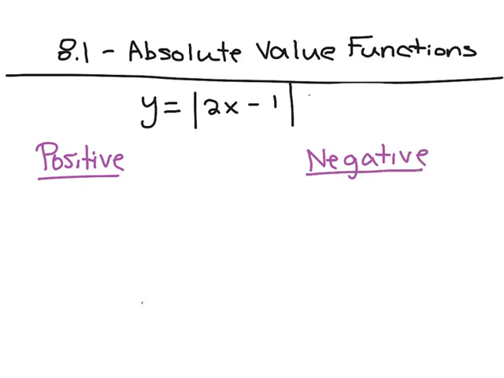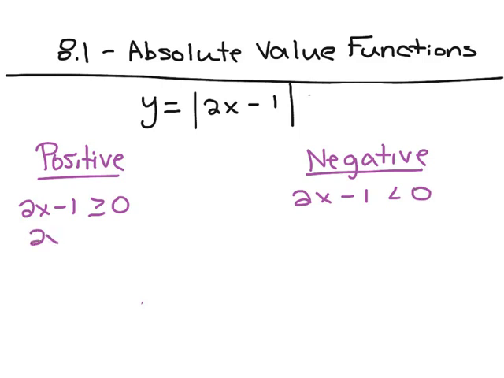So when it's positive, 2x minus 1 will be greater than or equal to 0. And we want to do the equal sign with our positive to include the critical points or the x-intercepts. Our negative will be when it's less than 0. So we're going to solve these inequalities.